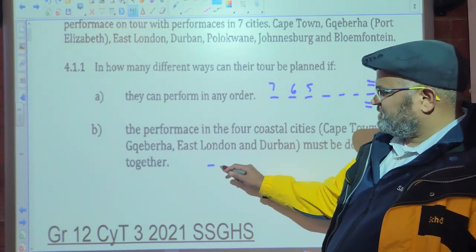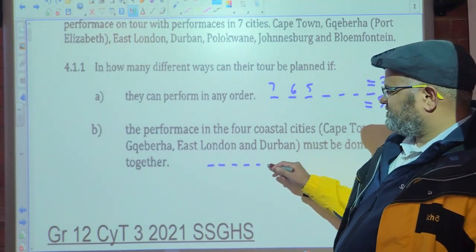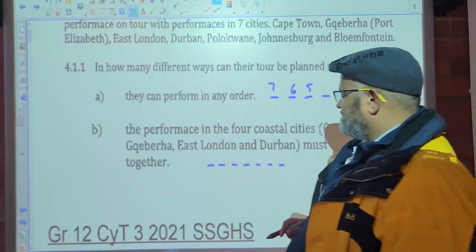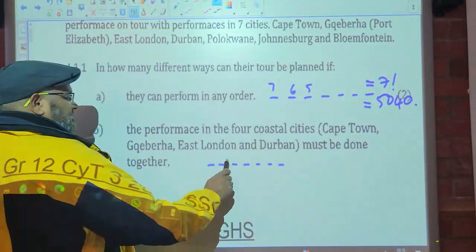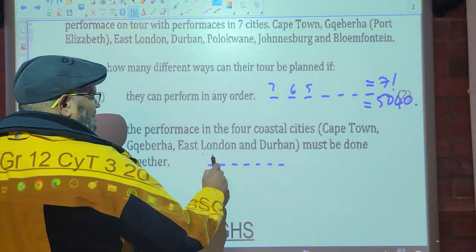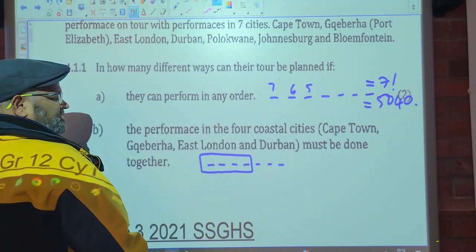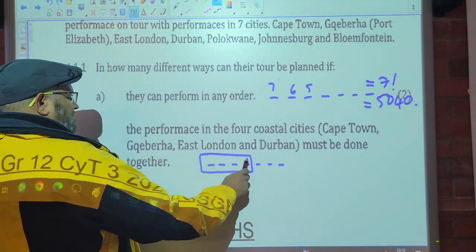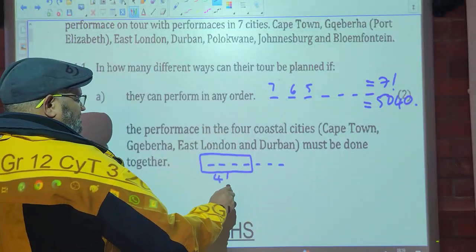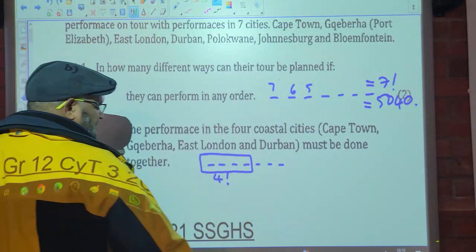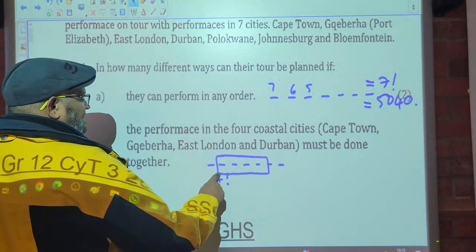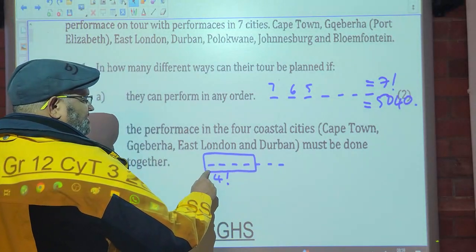7. Okay, so it's 1, 2, 3, 4, 5, 6, 7. So for those to be done together, I will bind them. In how many ways can this happen? 4 factorial ways. Then this is now considered as one entity. So this is now one bid.